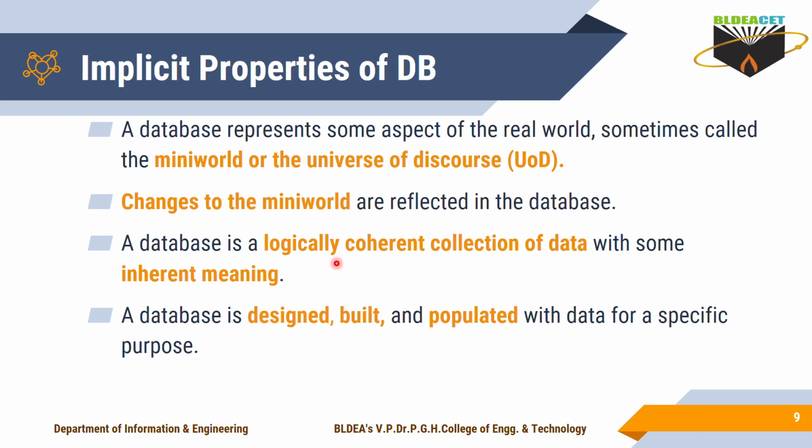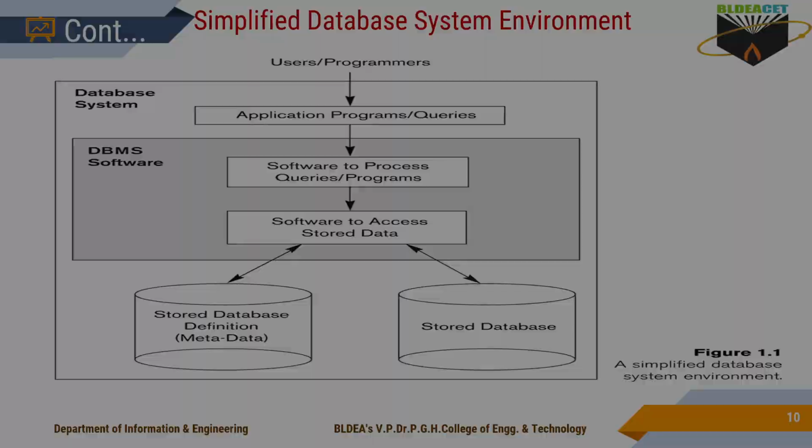So this course is taken by the student. The meaning of this is that there is some relation between the course and the student. That relation we call a logically coherent collection of data. And a database is designed, built and populated with data for a specific purpose. So if you want to create data, the purpose is very important.